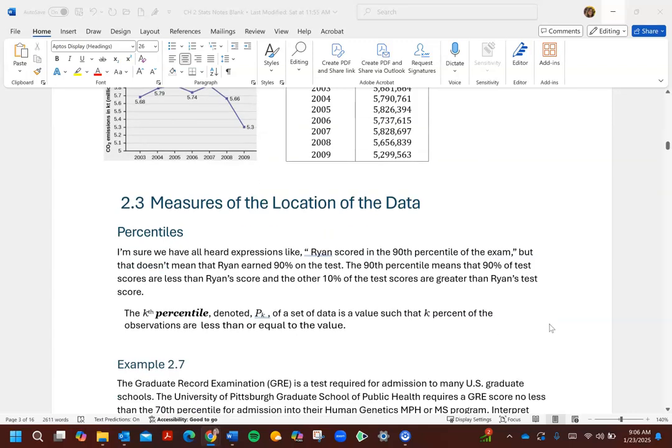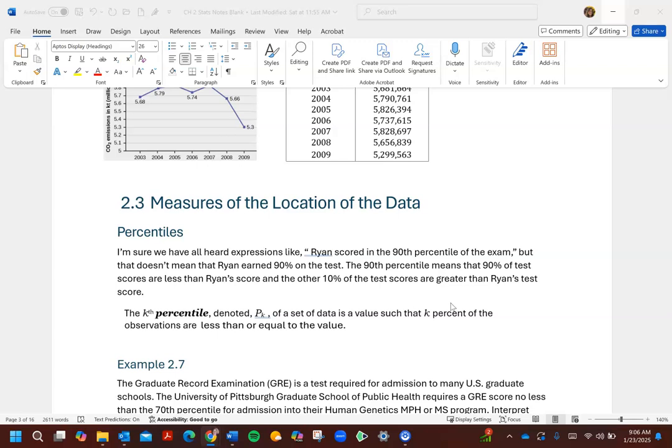So, just what the meaning of percentiles is. We've heard expressions like Ryan scored in the 90th percentile on the exam. Just to be clear, that's not what they averaged on the test, like how much they got right or wrong. It's how they compare to the rest of the group.